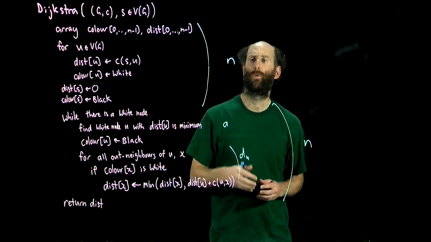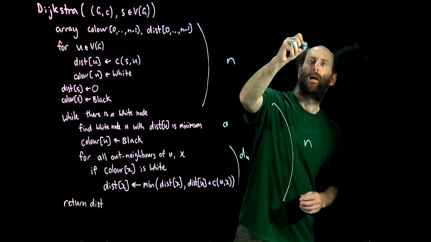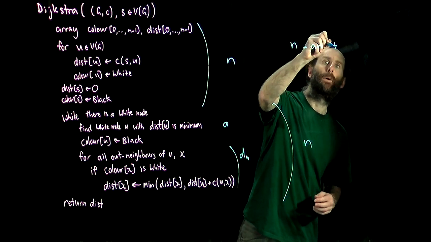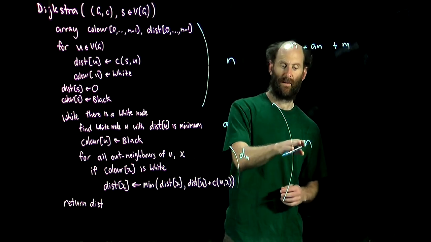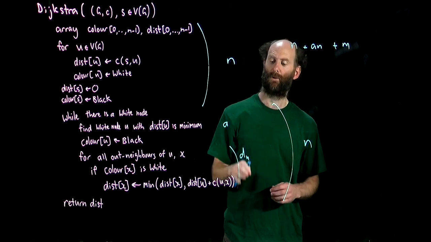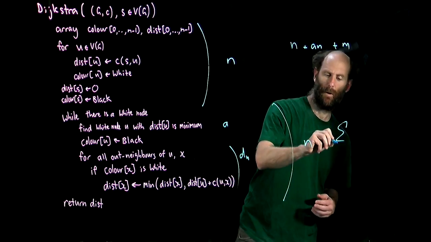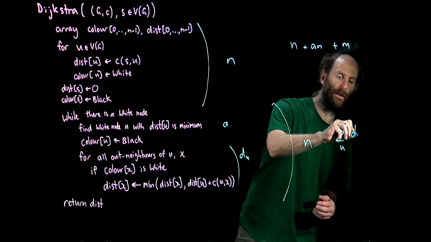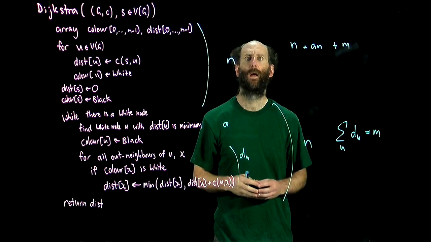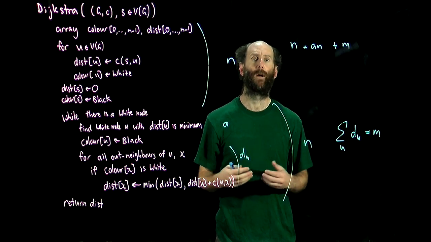So overall we have n plus An plus m work, since we've gone through this for each node and we've looked at each out neighbor for each node. So we've looked at the sum over all u for du, and that's just going to be m. Now if we have an array and we need to look through it to find the lowest value, that takes time n.